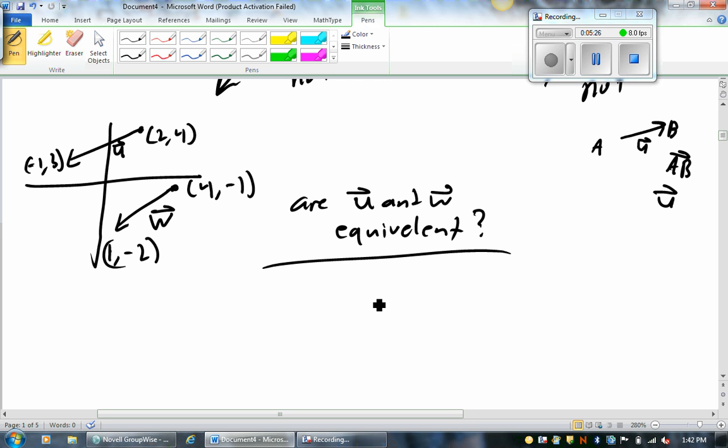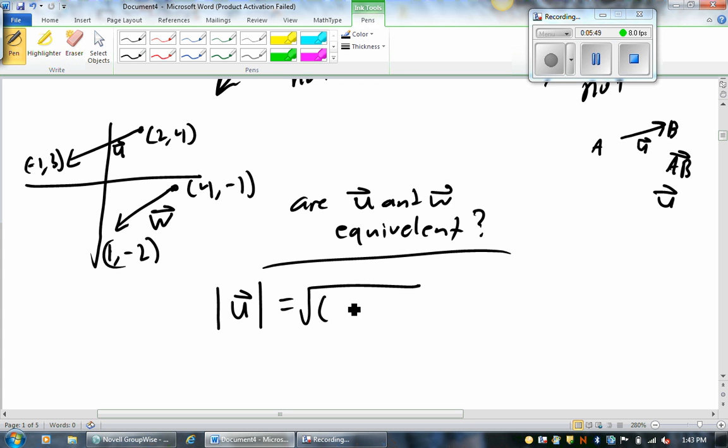So the first thing we have to do is check their lengths. So we'll start with the length of vector u. Now the way we notate this is we put symbols that look like absolute value symbols, and that means the length of vector u. And we use the distance formula to find it, nothing new here. The change in y squared plus the change in x squared.